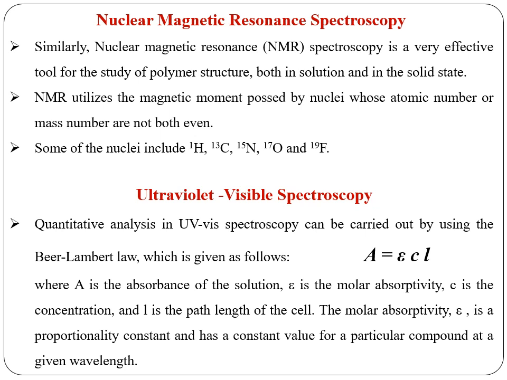For the quantitative analysis of polymers, ultraviolet-visible spectroscopy is used. Quantitative analysis in UV-visible spectroscopy can be carried out by using the Beer-Lambert law, which is given by the equation A = εCL, where A is the absorbance of the solution, ε is the molar absorptivity, C is the concentration, and L is the path length of the cell.